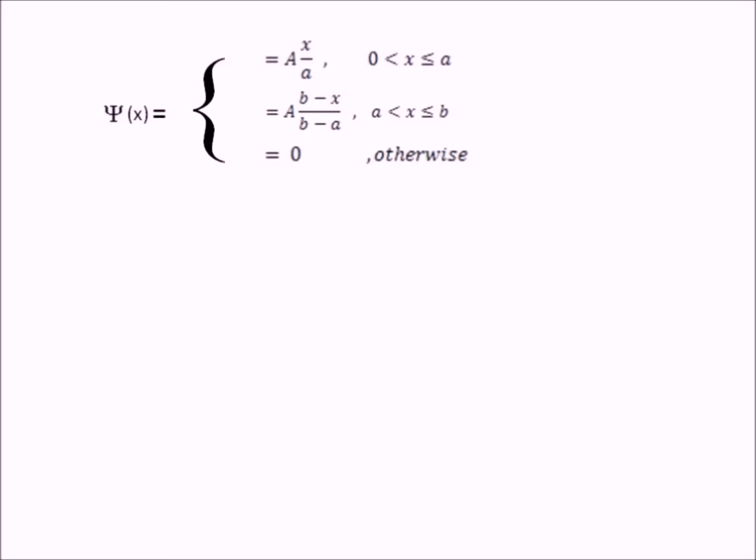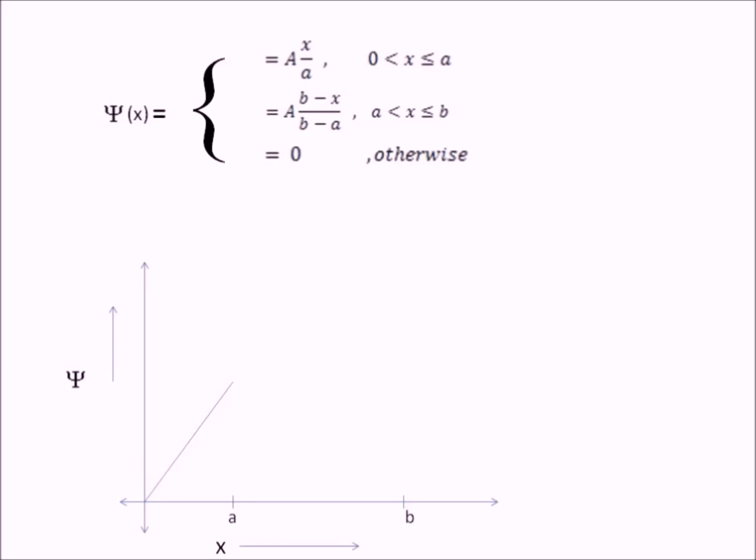So let us first draw the wave function. This is our graph. On the x coordinate we are drawing x, that is the position coordinate, and the y coordinate represents the wave function. For the first case, from 0 to a, it is linear, as we can say y is equal to mx plus c.